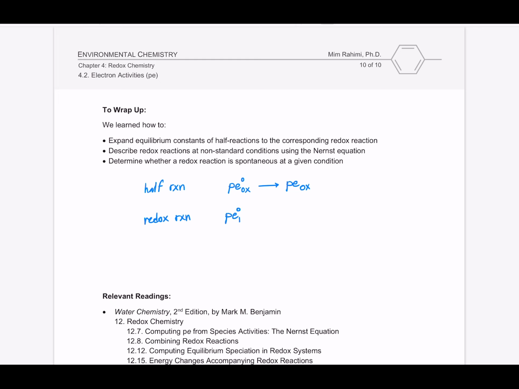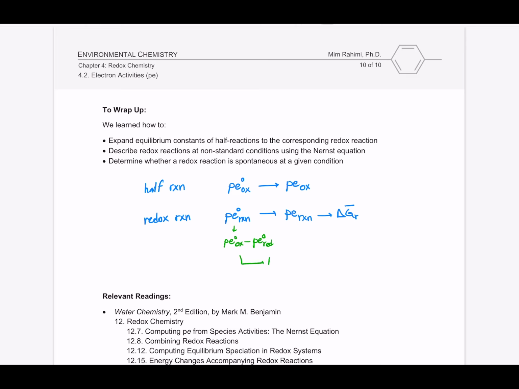How to go from pE0 of reaction, which is basically pE0 of oxidation minus pE0 of reduction, to pE of reaction, and then how to go to delta G of reaction.